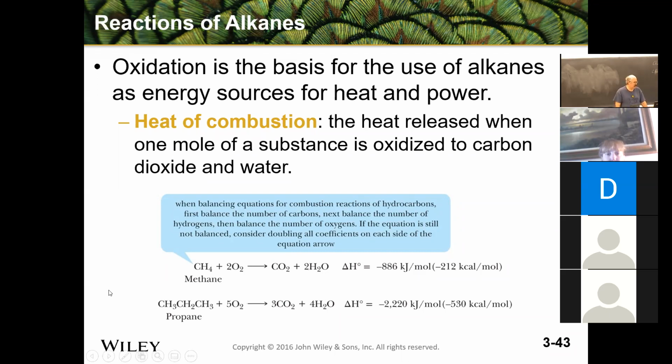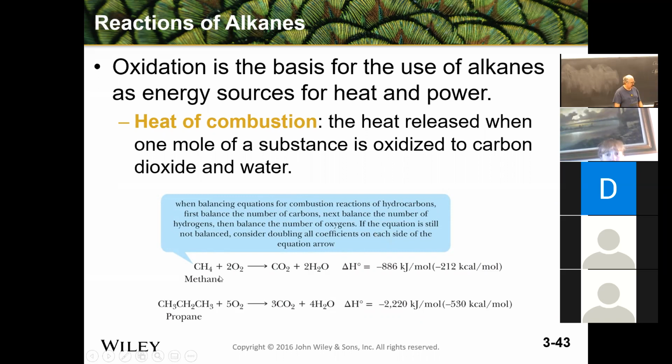The main commercial use of alkanes is as energy sources. They undergo combustion, and the heat is used as a source of power. We can calculate the heat of combustion using calorimetry. This is the heat released when 1 mole of the substance is oxidized to carbon dioxide and water.